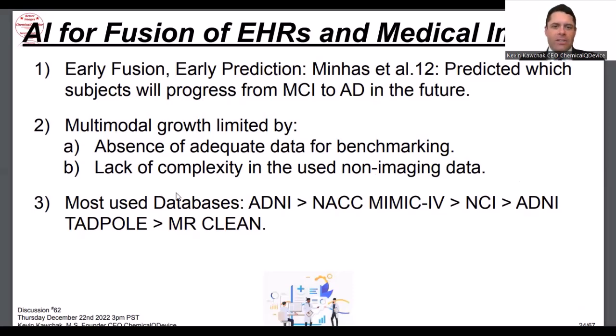Now, databases, ADNI or Alzheimer's Disease Neuroimaging Initiative, is commonly the most used as far as brain images. So these are PET scans or MRIs, and then these are followed by NACC, NCI, ADNI, TADPOLE, and then MR Clean, like magnetic resonance, like clean images.